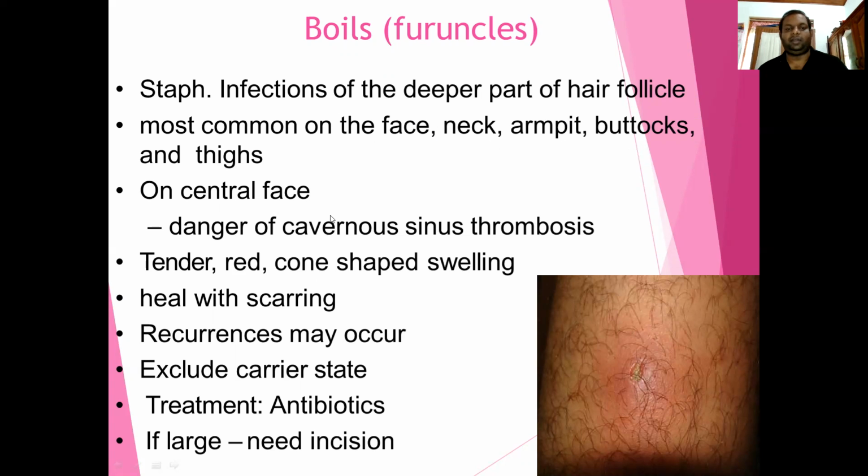If the infection is in that particular area, it can drain up to the cavernous sinus and lead to cavernous sinus thrombosis. It's a terrible condition. Here, furuncle: red, tender, cone-shaped swelling, heals with scarring. Recurrences may occur. That's obvious. Need to exclude carrier state. Often treatment is antibiotics. If large, we need to do excision.